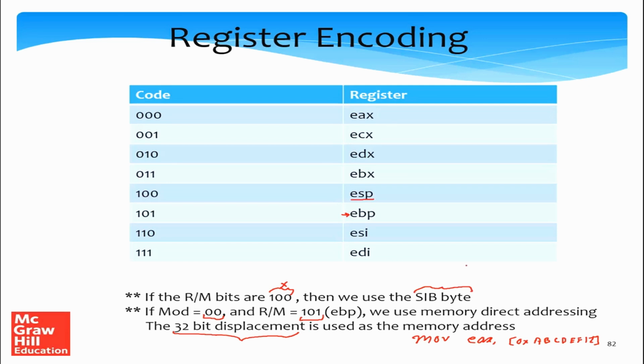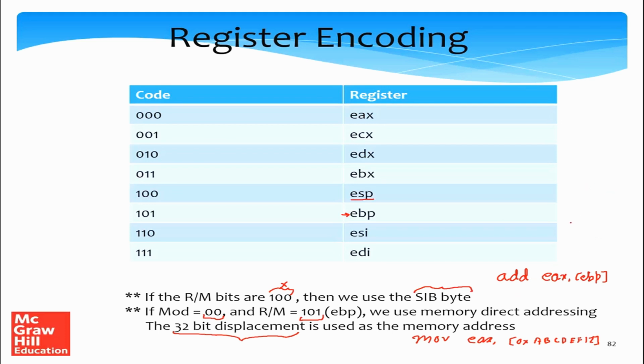Now the question that most students ask at this point is: how would we write, or encode, an instruction of this form, EAX and EBP? In this case, we actually use the first option and set the R by M bits to 100 and use the scale index base.